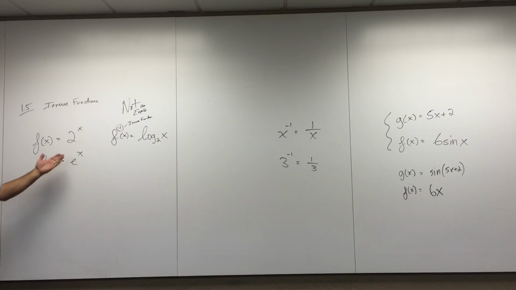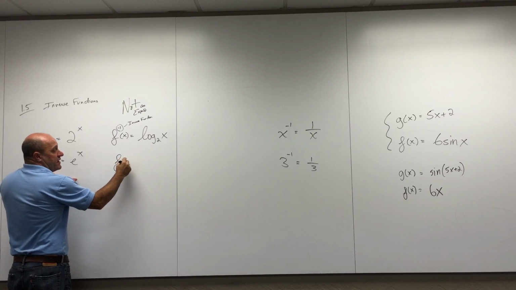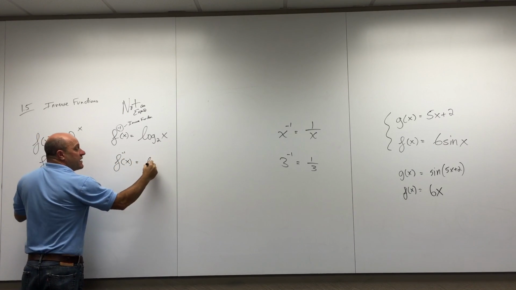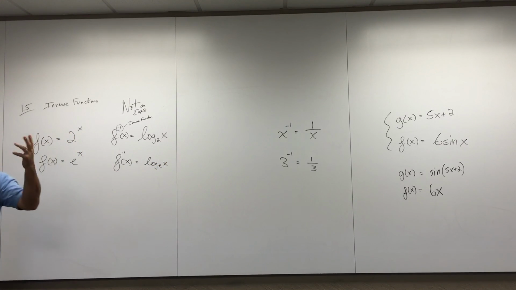It's a famous base to use for exponential functions, and we call it the exponential function. And its inverse is a logarithm base e. I could write log base e, but nobody ever writes that. When it is log base e, we write the natural log.